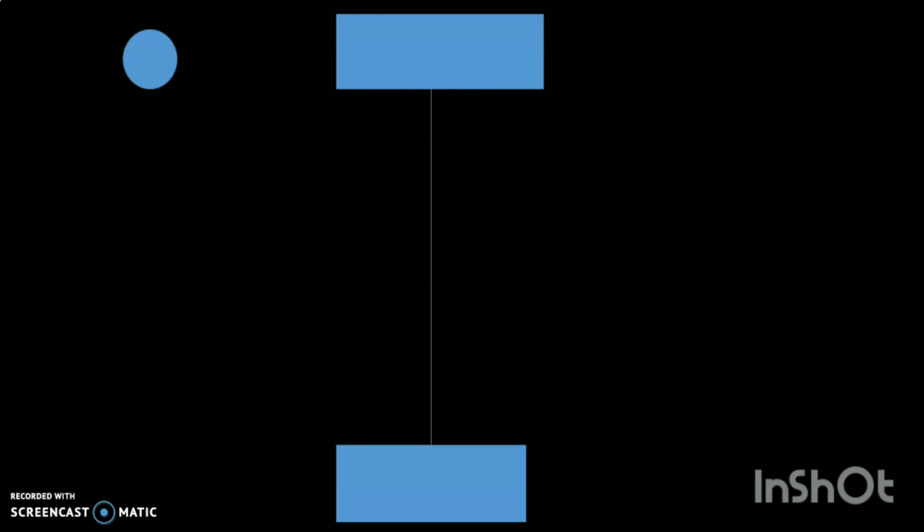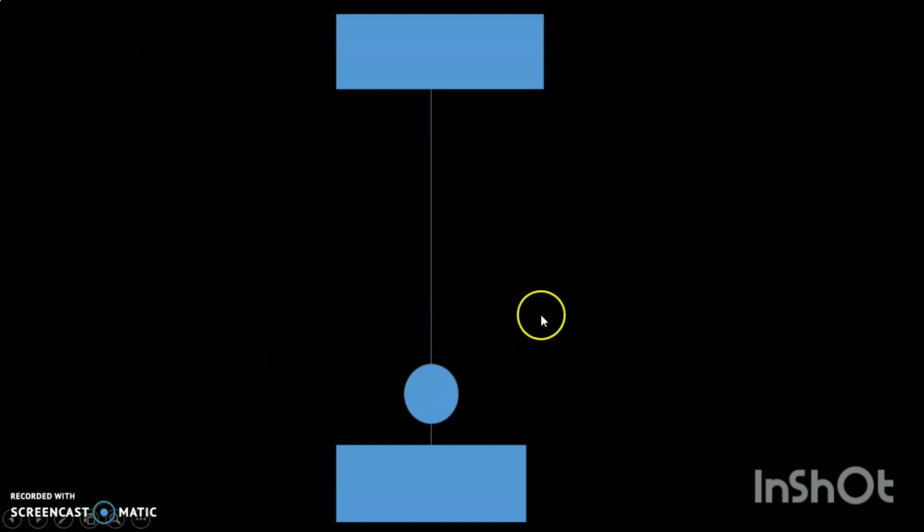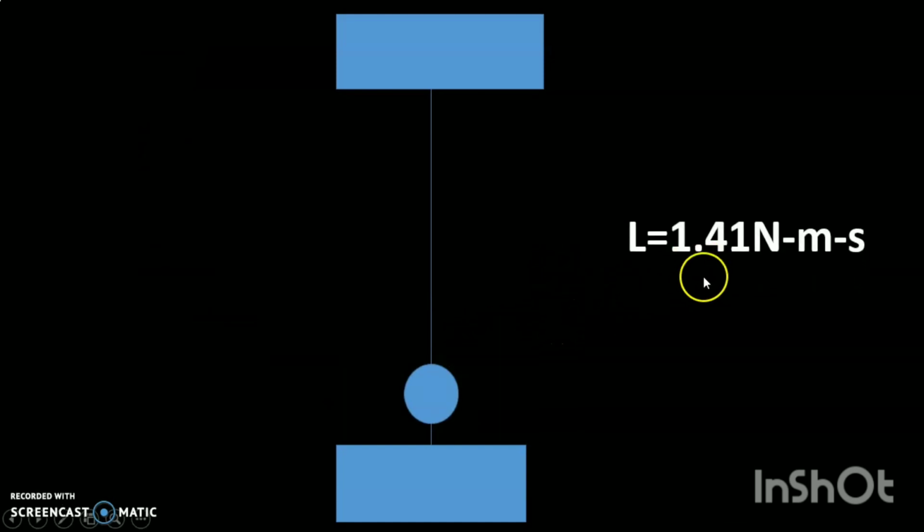We can take a measurement and know that at this moment the particle has an angular momentum of 1.41 newton meter seconds. So at this very moment the particle has to be represented by a particular quantum state.